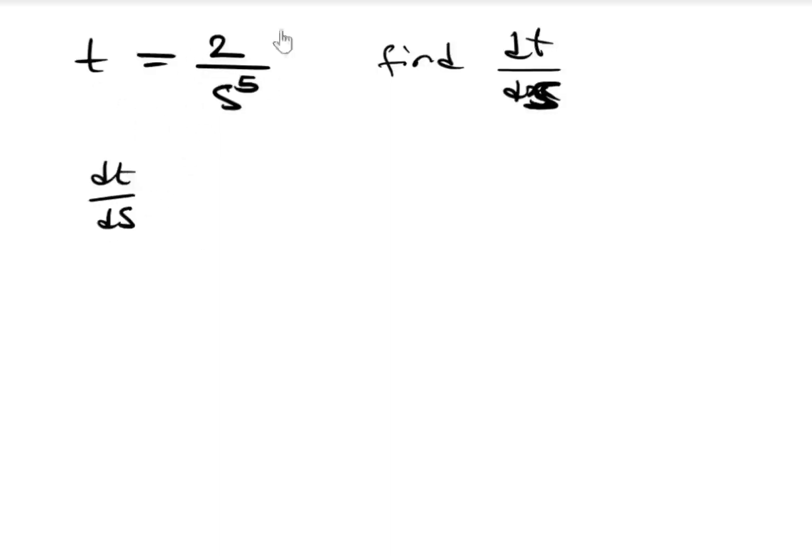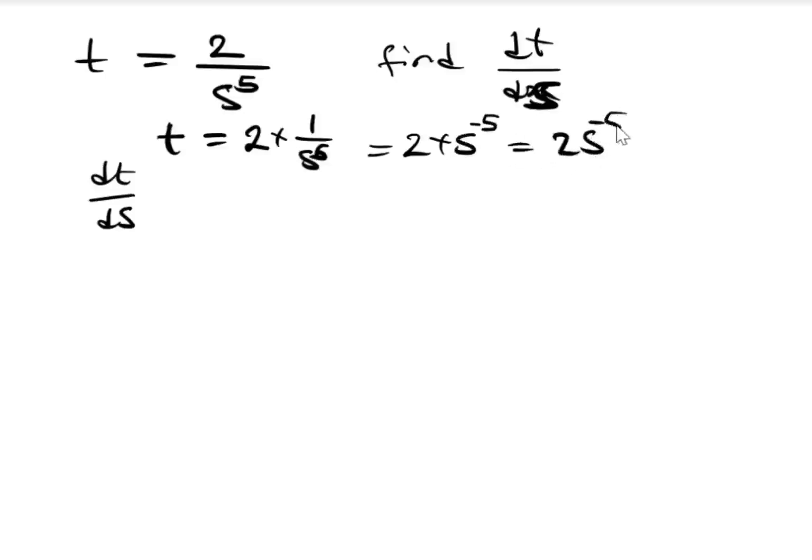Okay, let's rewrite this. We can write it this way, that t is equal to 2 multiplied by 1 divided by s^5, right? And we already know that this 1 divided by s^5 is same thing as s^(-5), which is 2s^(-5).